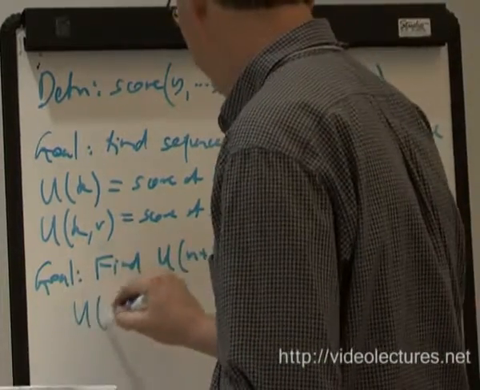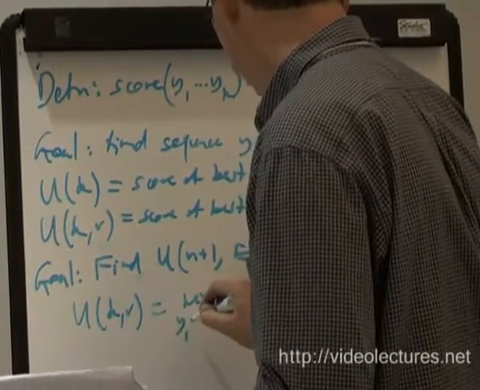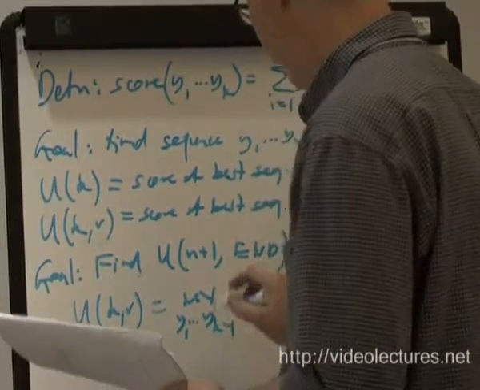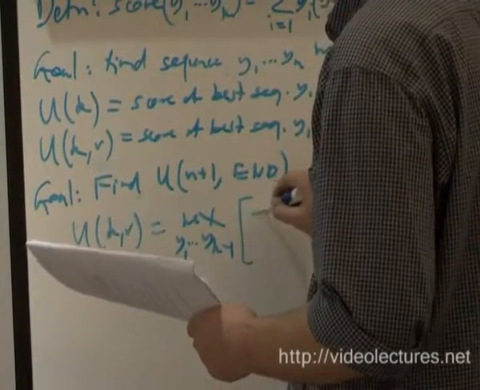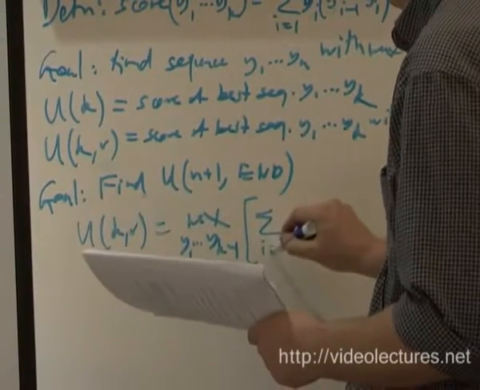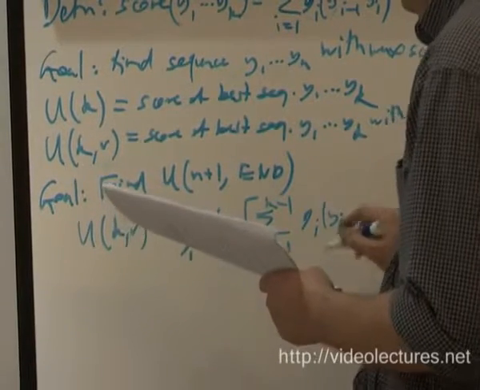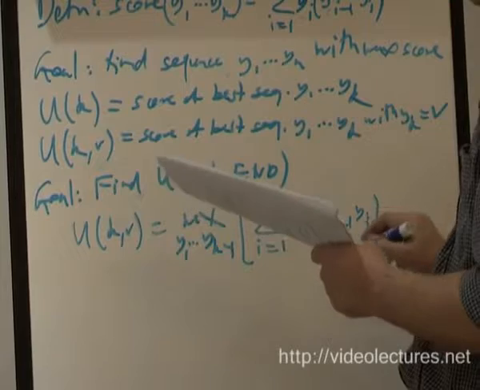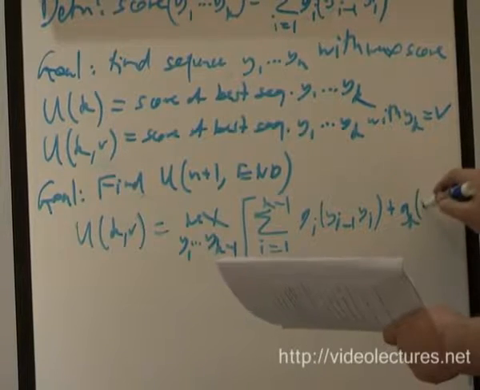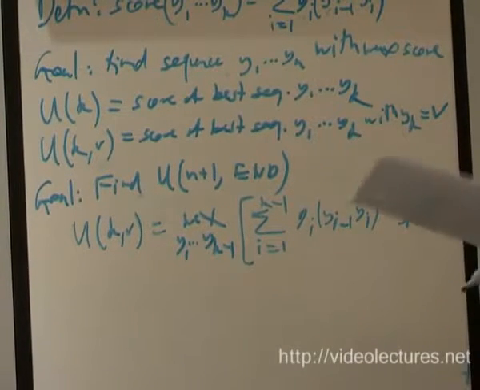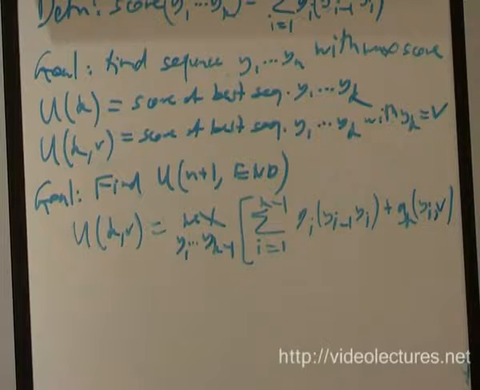So U of kv is the max over y1 to yk minus 1 of the sum from i equals 1 to k minus 1 of gi of yi minus 1, yi, plus then gk of yk minus 1, and then v, which is fixed because v is the argument of ukv.